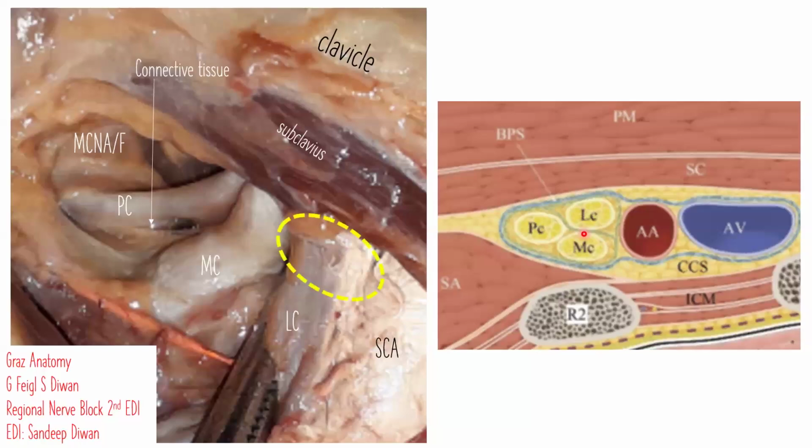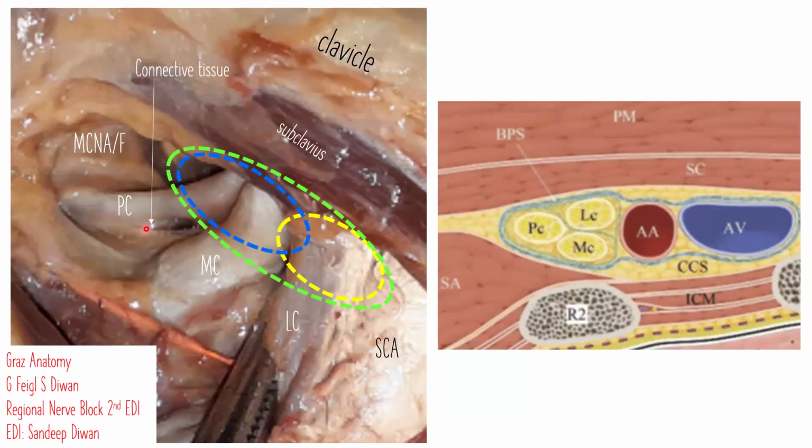And this is formed by the lateral cord, which is encircled in one entire sheath, and the medial and posterior cord in another sheath, and the entire thing is engulfed in one entire circumneurium tissue.